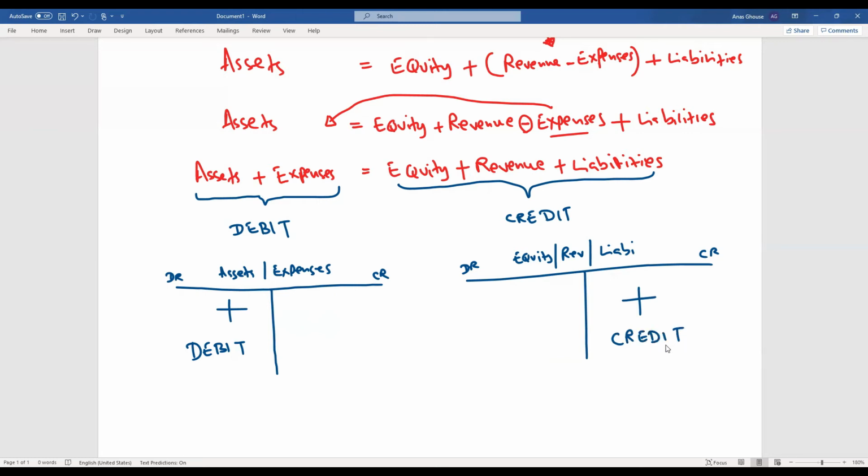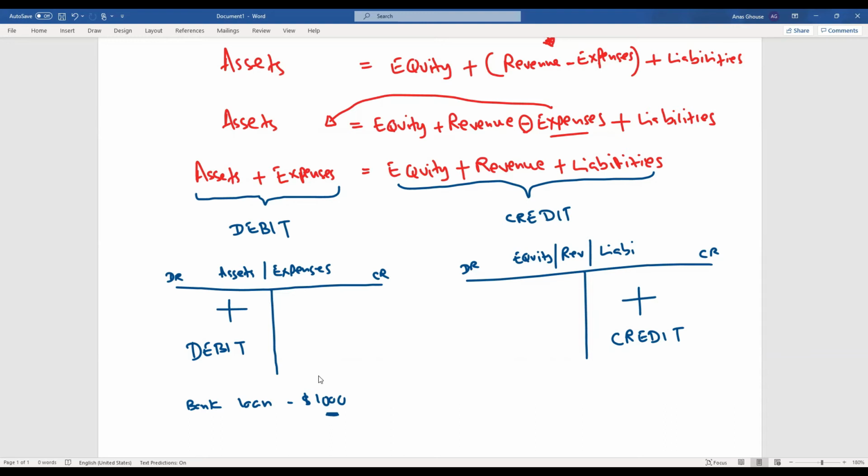For example, let's say you take a bank loan of $1,000. How will you record this? What happens to the accounting equation? There will be a dual impact on this accounting equation.